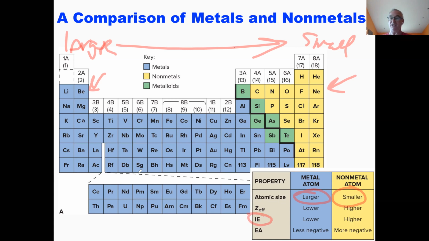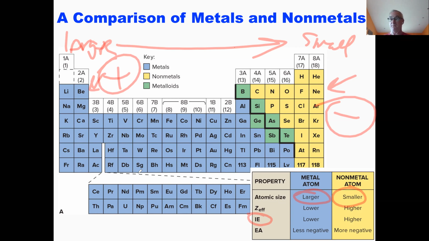As far as ionization energy goes, it's much easier to ionize metal atoms than nonmetal atoms. Much easier to take an electron from them because they like to form cations. Nonmetals like to form anions. And it also shows up in the electron affinity that we just looked at.